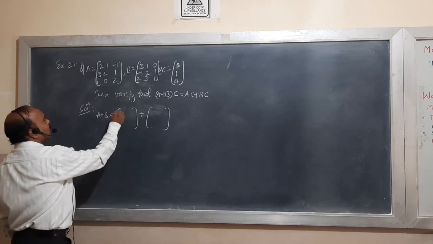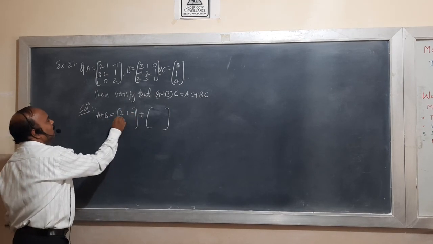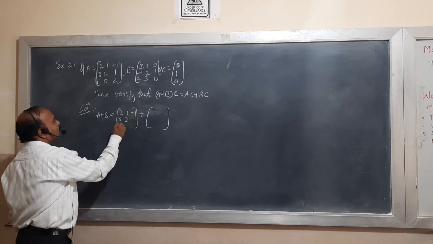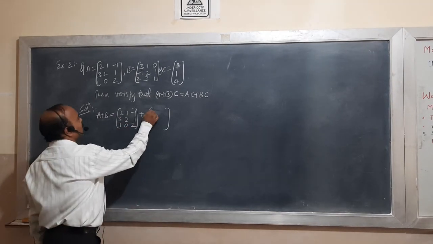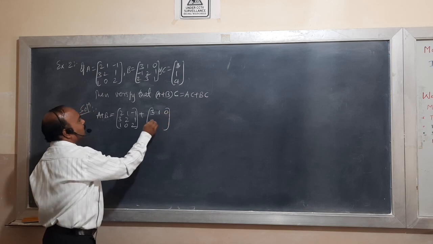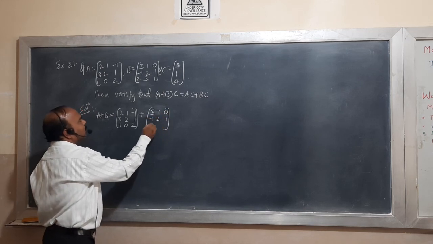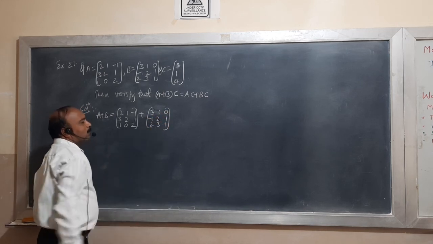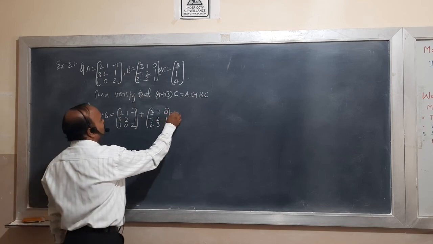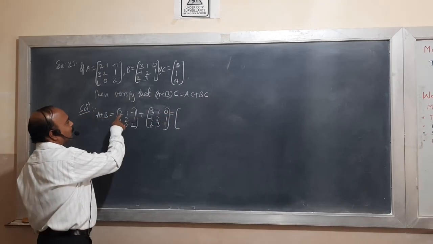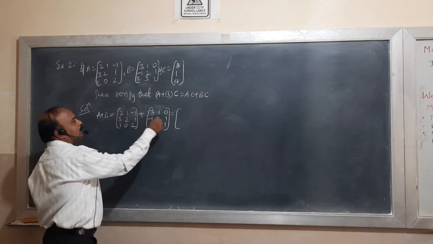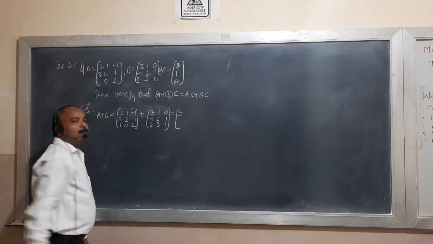A is [2 1 -1; 3 2 1; 1 0 2]. Next B is [3 1 0; -1 2 1; 2 3 1]. And add these two by corresponding element addition of matrices. 2 plus 3 is 5.